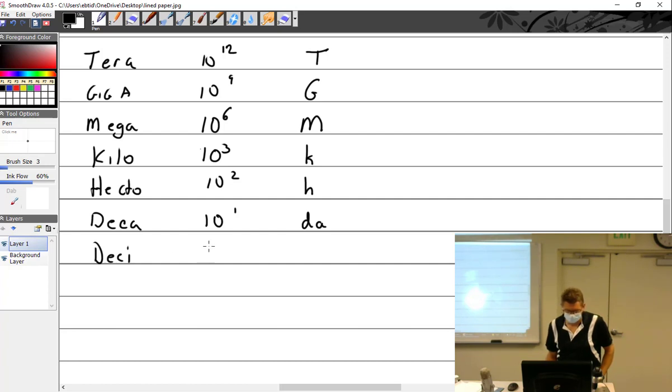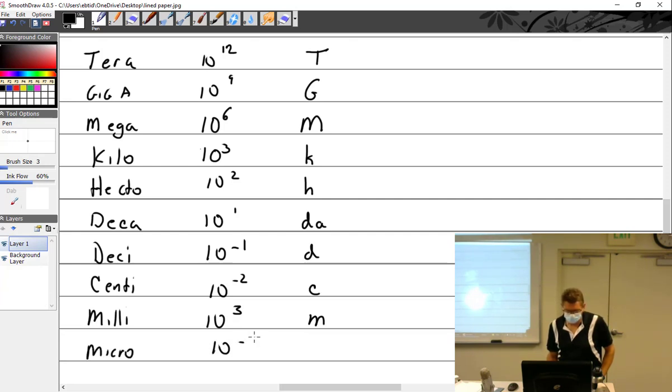Deci, which is 10 to the negative 1, which is d. Centi, 10 to the negative 2, that is a little c. And we get milli, M-I-L-L-I, 10 to the negative 3, which is a little m.